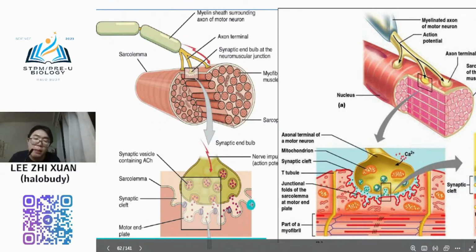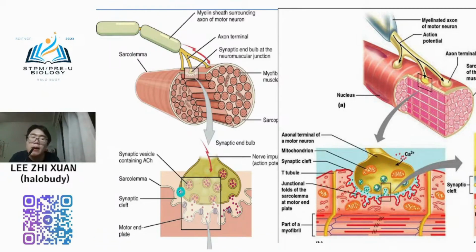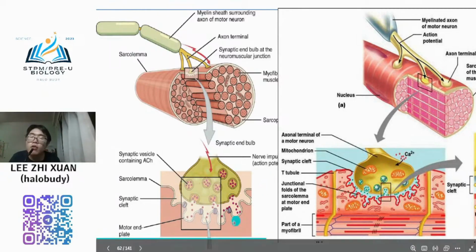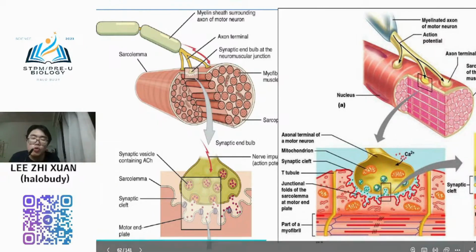So you can say this structure is similar to synapse, but the difference is that the lower part is muscle tissue, so you need to be alert. This is the basic structure of the neuromuscular junction.